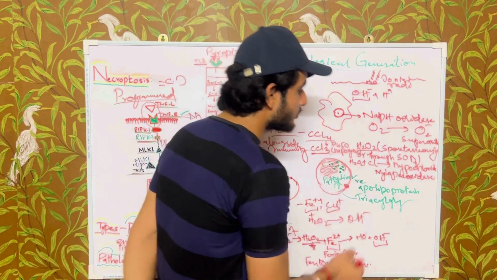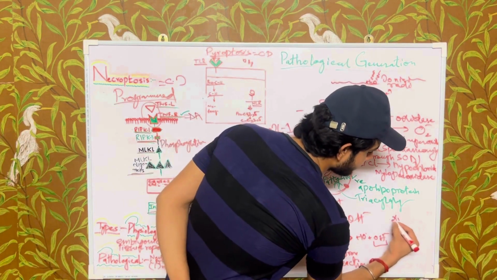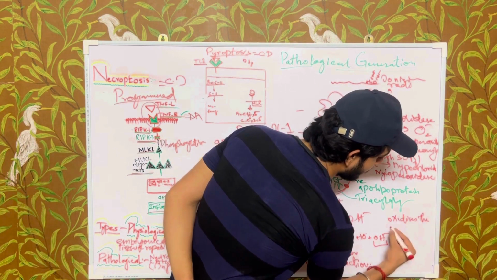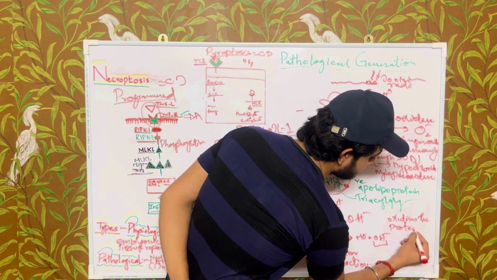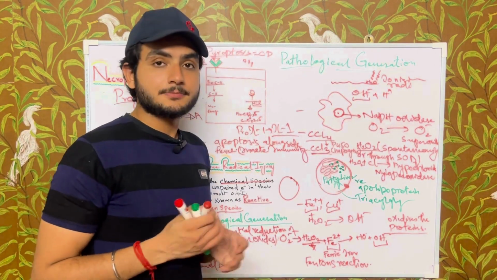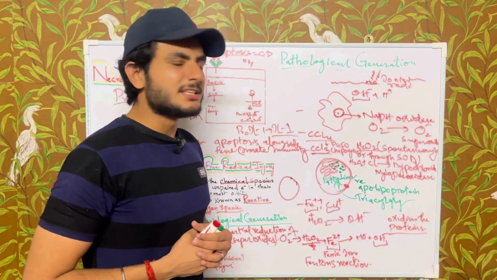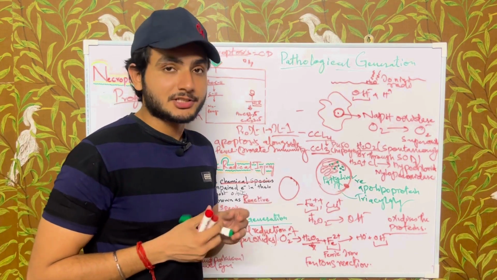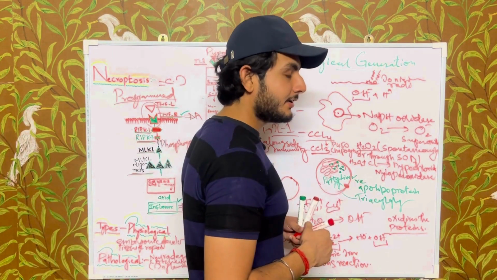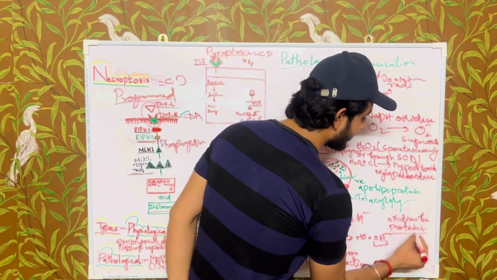These free radicals also oxidize the proteins, which causes misfolding in the protein structures. So this was the second damaging effect.